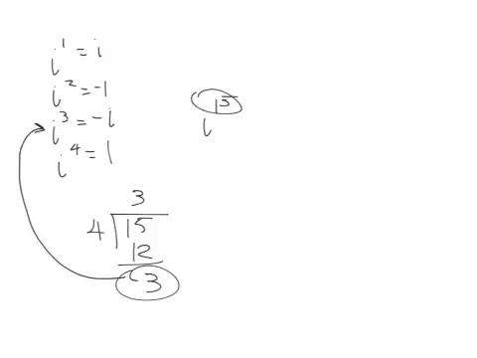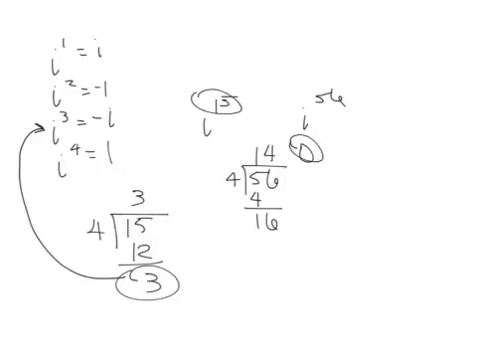Okay, so if we have something like i to the 56th power, we take 56, divide it by 4. You don't have any remainder, so your answer is going to be 1. So if you get 0 for a remainder, your answer is going to be 1.